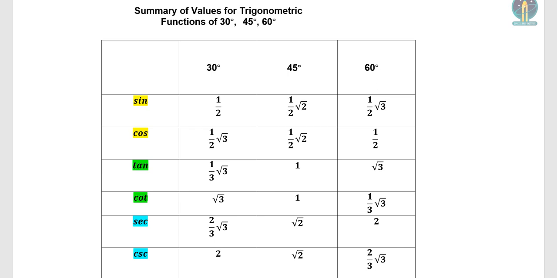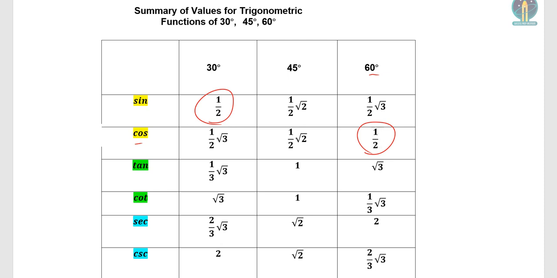So the sine of 30 degrees is 1/2, very easy to remember. The cosine of 60 degrees is 1/2. So again, sine of some angle is equal to the cosine of its complementary angle, which is 60.